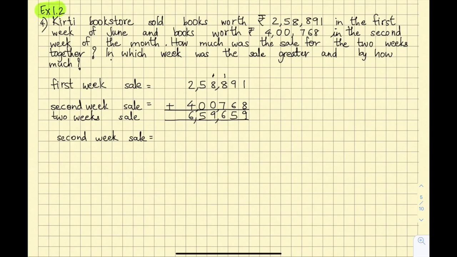So the second week sale was 4,768, we place commas, and the first week sale we'll copy as they have given to us, 2,58,890. We are doing subtraction because we need to find out in which week was the sale greater, that is clearly visible by how much. So we are going to write sale greater.